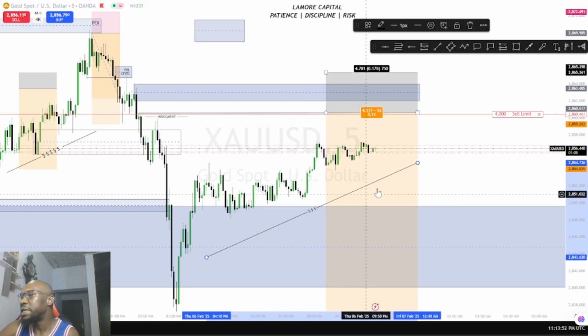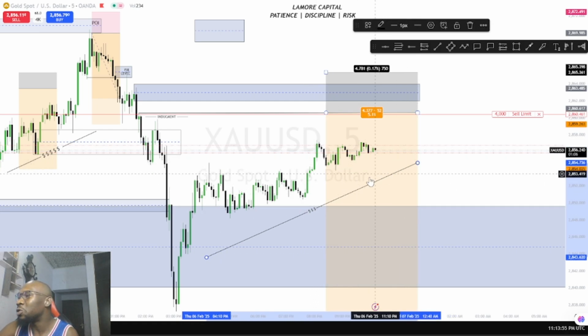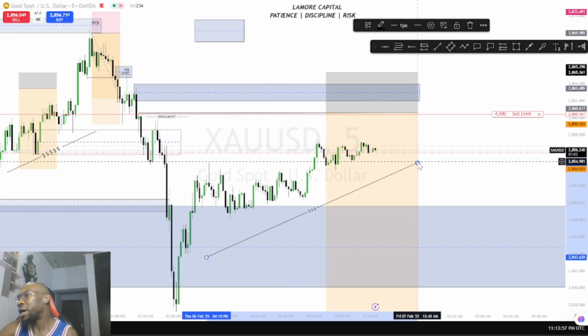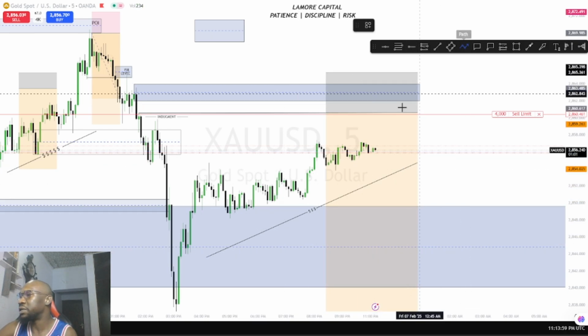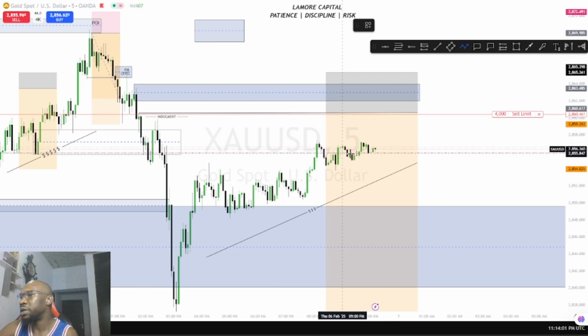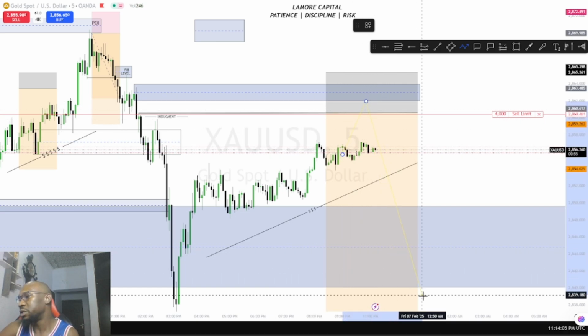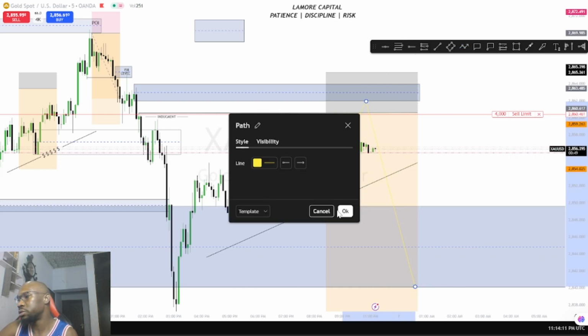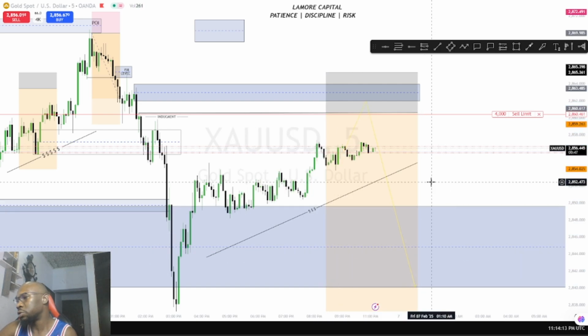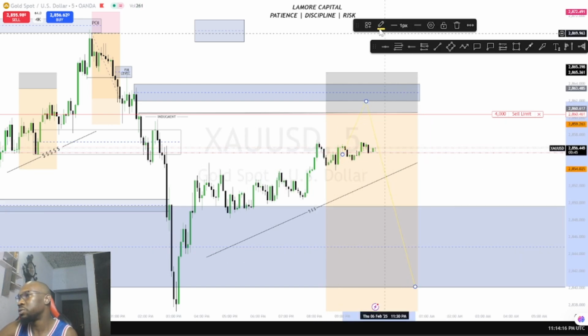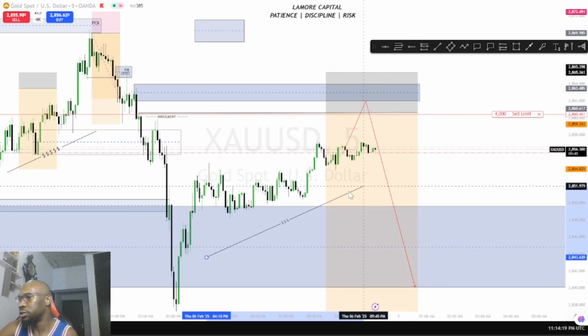Can you see? What are we expecting in the market now? If the market gets here, we are expecting the market to clear out all this liquidity.